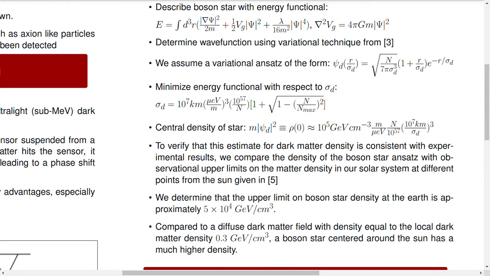Compared to a diffuse dark matter field with density equal to the local dark matter density of 0.3 GeV per centimeter cubed, a boson star centered around the Sun has a much higher density. Since the force on the sensor is proportional to the square root of the dark matter density, we hypothesize that the signal we could observe for dark matter in a boson star is going to be much higher than for a diffuse field.